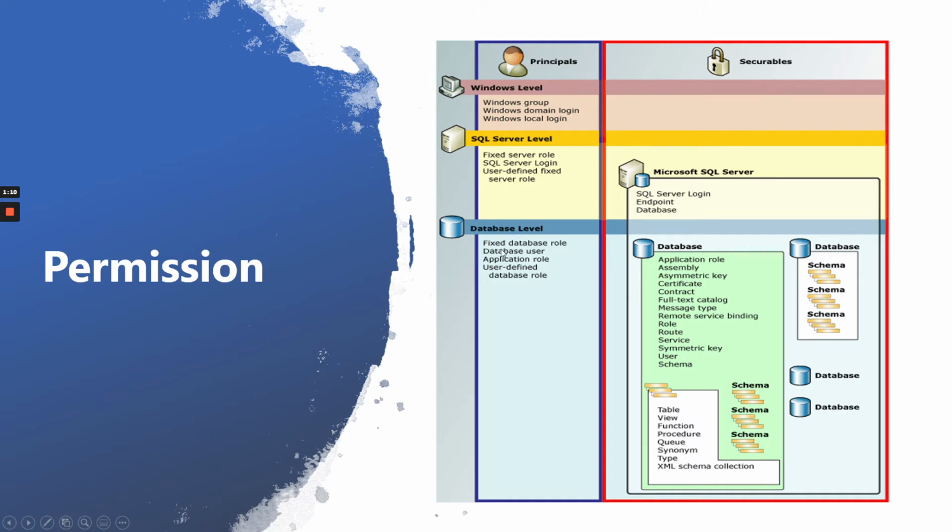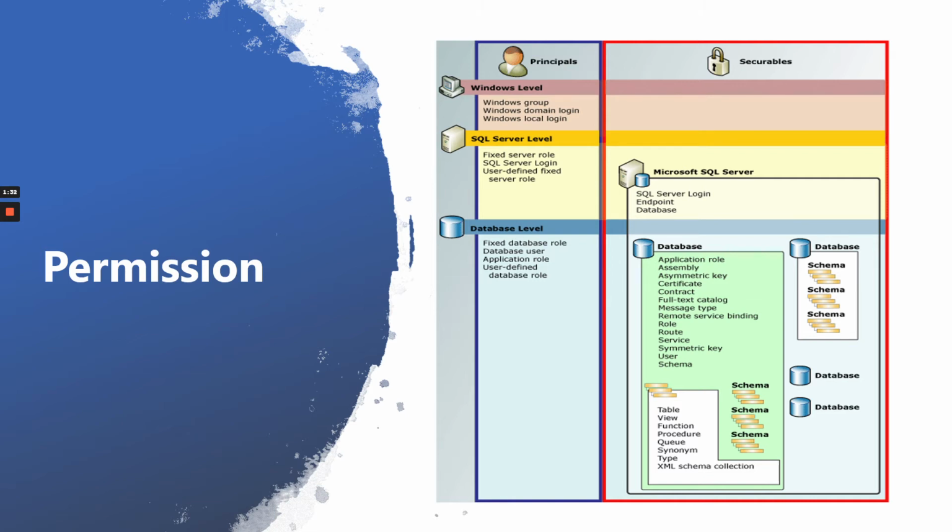At the same time, we can also grant permissions at the database level. And you can see here that we have multiple databases. Databases can have schemas, or databases can also have objects like tables, views, functions, and permissions can be granted on all of these securables.